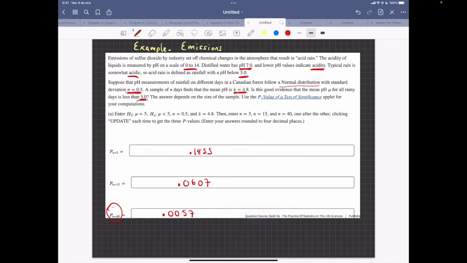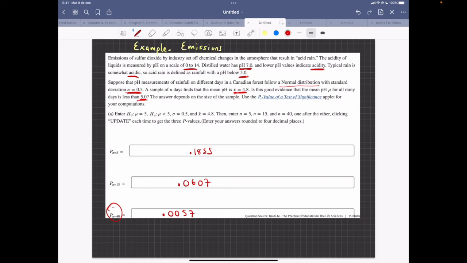So what's happening to the p-value when we, well, I started with the 40, right? But that was my mistake. Anyway, no matter what sample size we start with, if we had started with n equal to 5, we would have 0.1855 as the p-value.